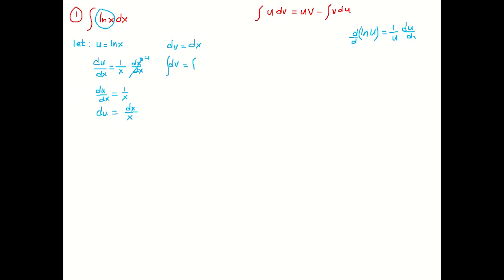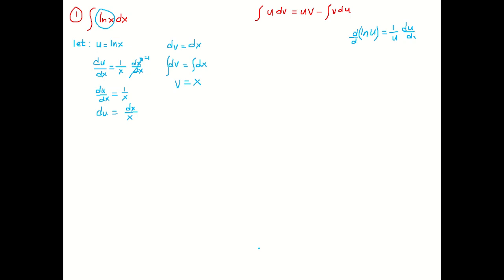So you also integrate the right side, which is dx. And we know that this is an anti-differentiation. So you do the differentiation, then you do the anti-differentiation. It's just like nothing had happened. So you have v equal to x. Okay?